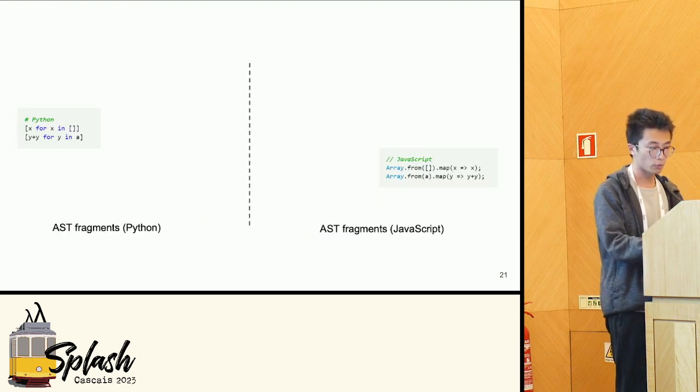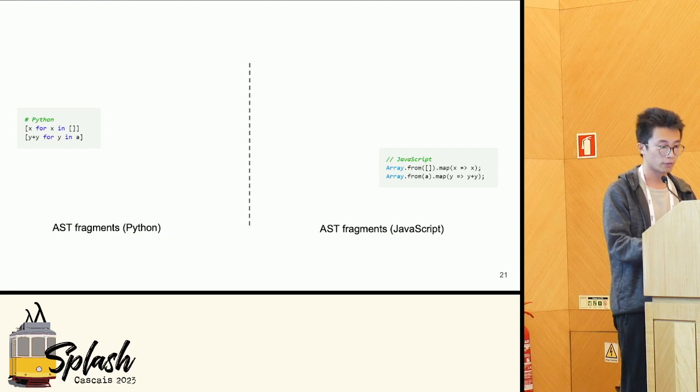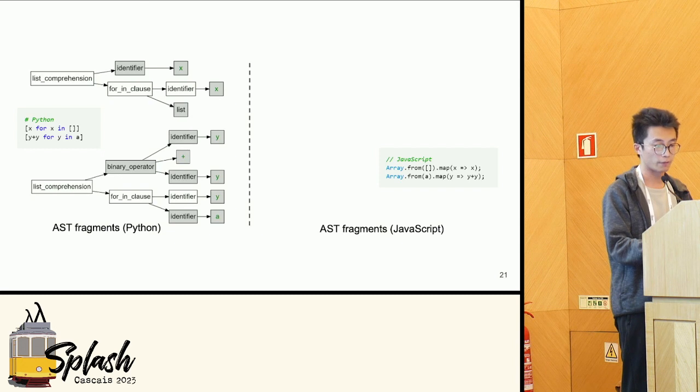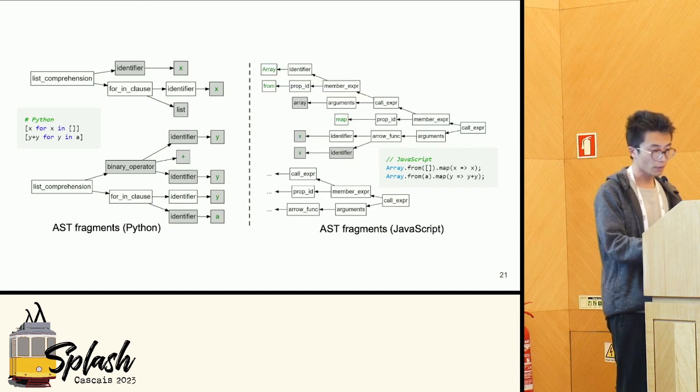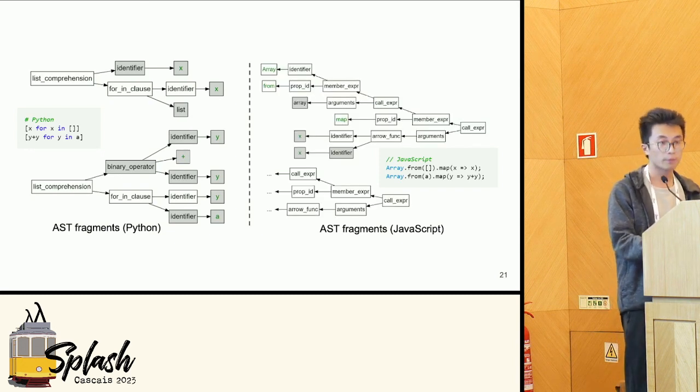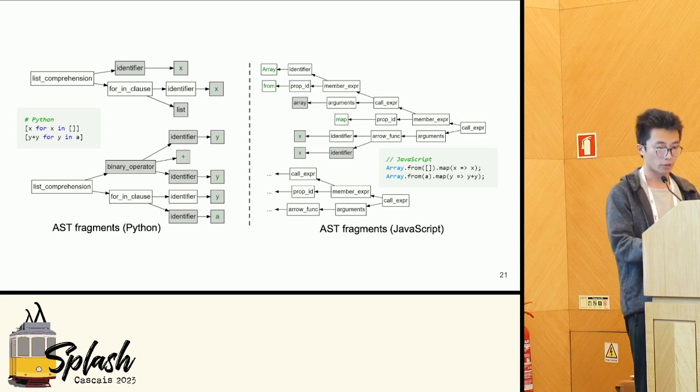The rule inference works purely at the syntax level. First, the code snippets are parsed into fragments of AST trees. Then it will try to extract common patterns from the 2 Python examples, and it will do the same for the JavaScript code snippets.